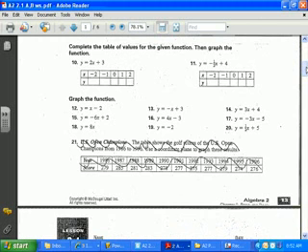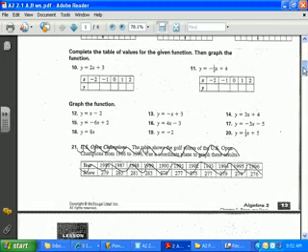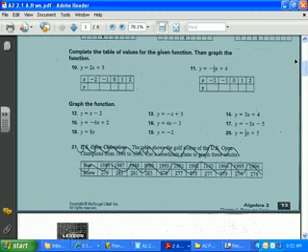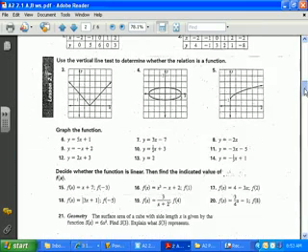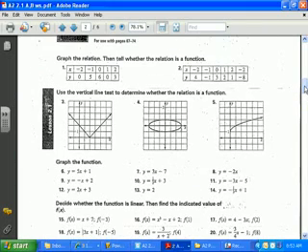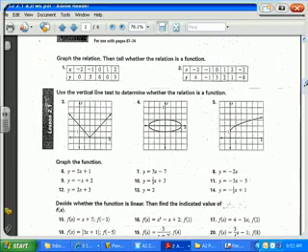I'll give you a little bit of time to finish side A. On side B, we're not going to do all of that. We'll skip this part. We can even do those together. What do you think? Number 1, is that a function? Yes.